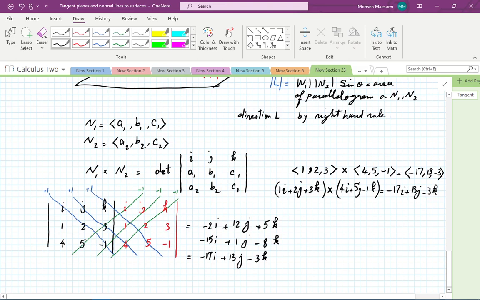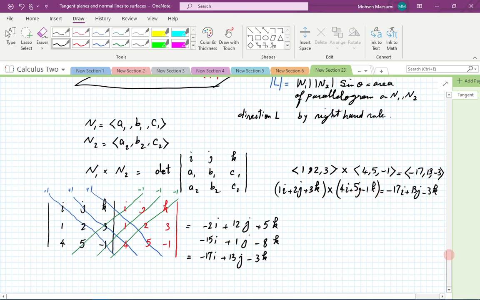Okay, hopefully I haven't made an arithmetic mistake. Let's just double check: 2 minus 2 plus 12 plus 5 minus 15 plus 1 minus 8, and we should be good to go. So that is the cross product of two vectors.